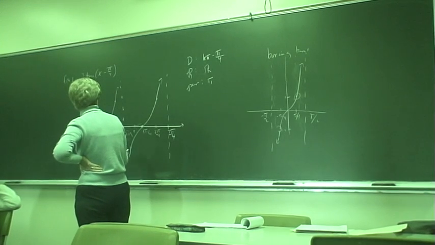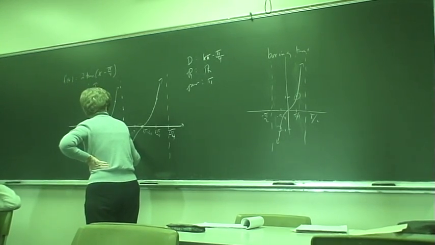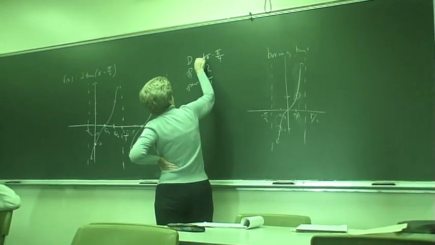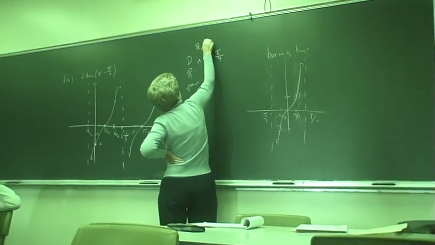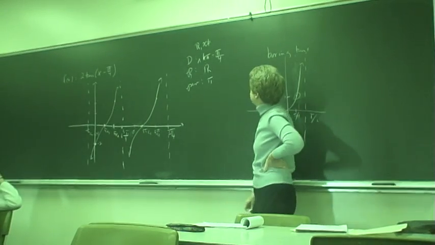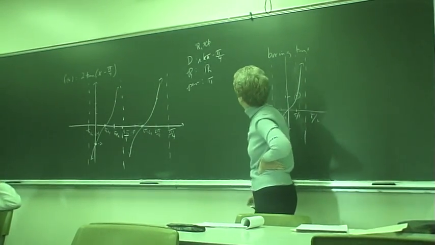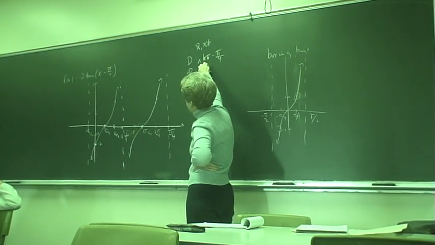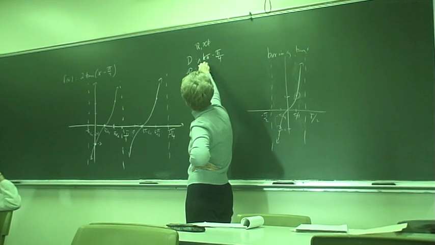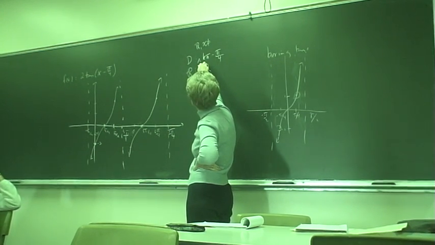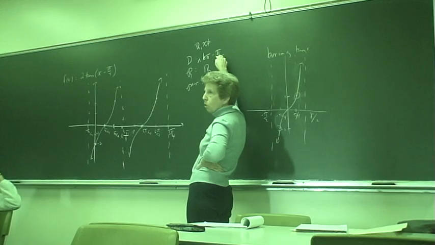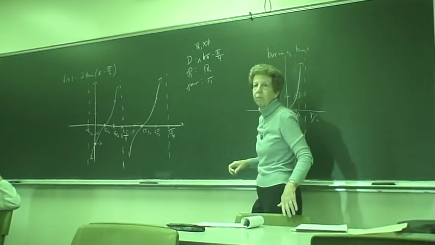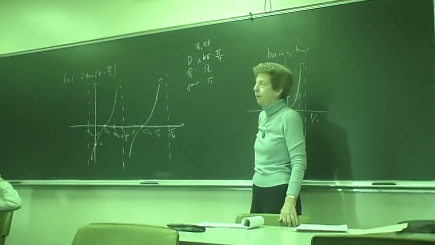So x is not equal to those values. And if I put k equals 2, that would be 8 pi over 4 minus 1 pi over 4, which is 7 pi over 4. Looks like it's working out.